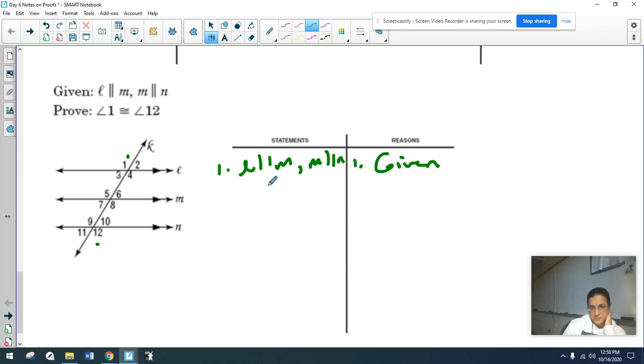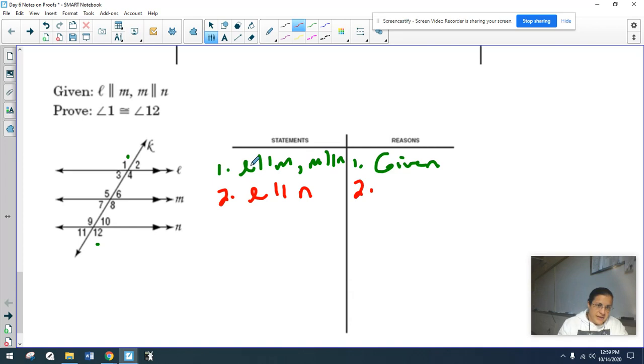Okay, so here's the tricky part with this one. You also have to establish that L and N are parallel if you're going to use any kind of angles between L and N. So this step should be this right here. Okay, a couple of different options here.